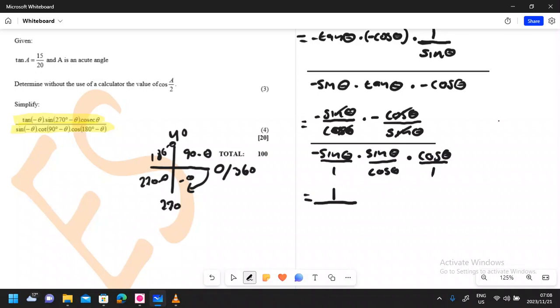We have cos divided by cos, right? Let's not forget this is negative. And then we have negative 1 multiplied by sine, which is going to give us negative sine, multiplied by negative sine, it's going to give us positive sine squared theta.